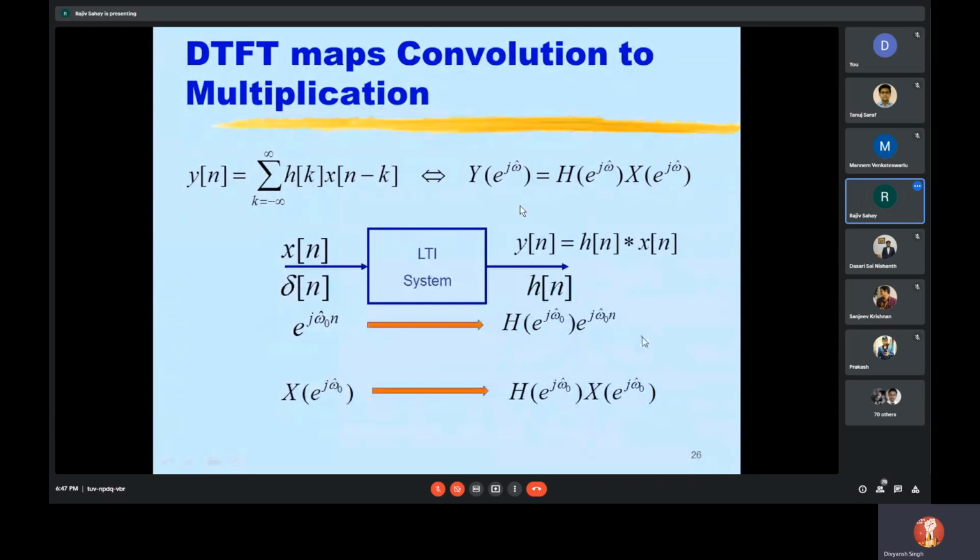We had up to this. This is the extra equation. So if you are convolving the x of n, then you are multiplying H of e to the power j omega naught into X of e to the power j omega naught. So this is the idea.